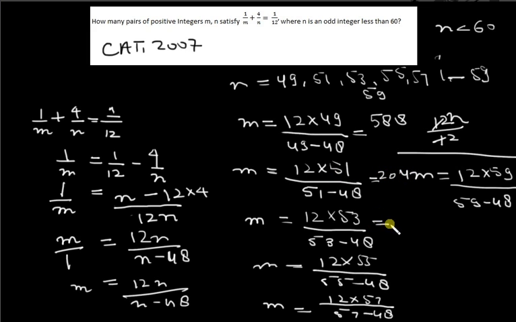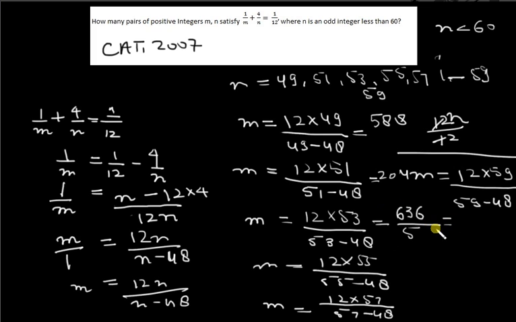So now here I can do this. I get 5 here, and here I can take this. 12 threes are 36. So I write 6, then 3, and it's 60. 12 fives are 60, and 3. So it's 63, and 5.